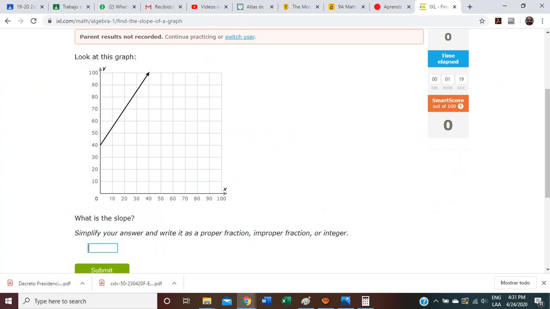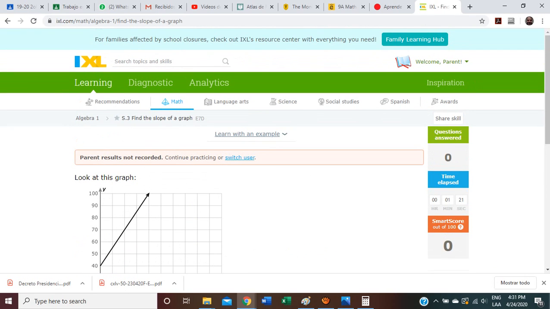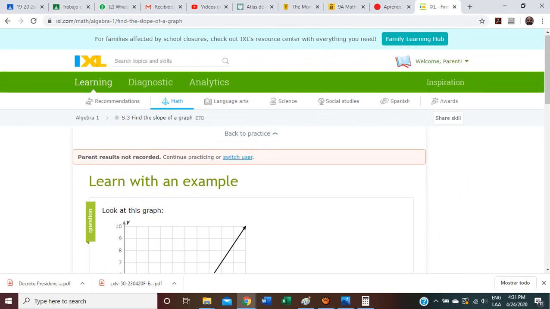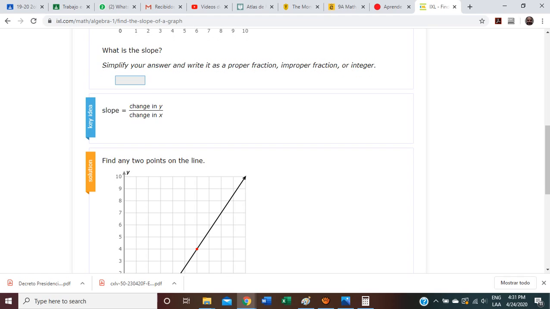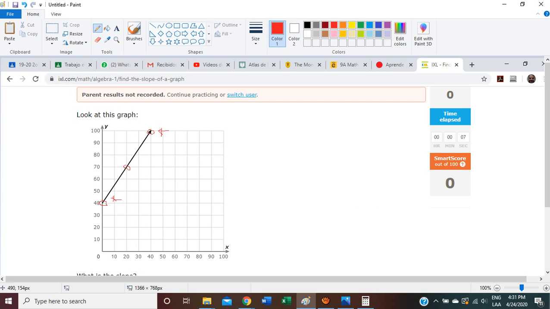Let's go back a little bit to IXL, and if you push learn with an example, you're going to see that we need a formula that says slope equals change in y divided by change in x. So we are going to need two coordinates in order to do this.